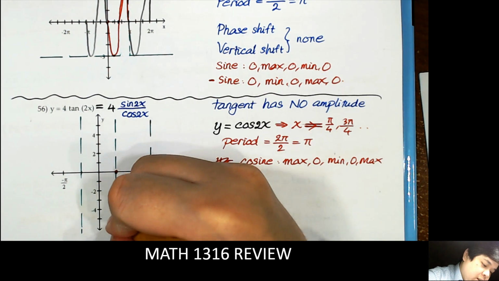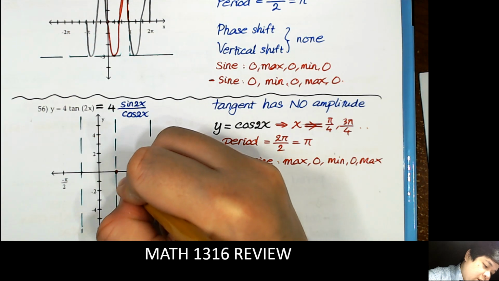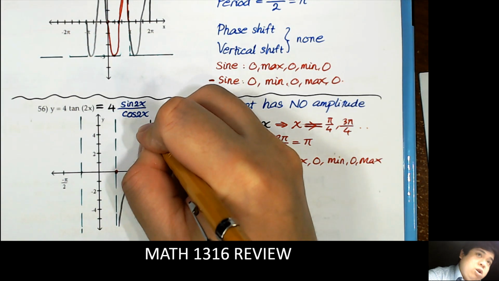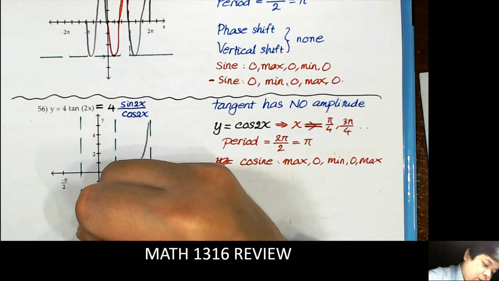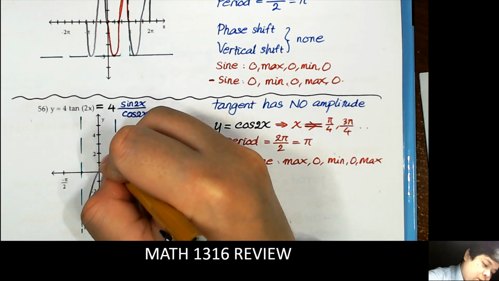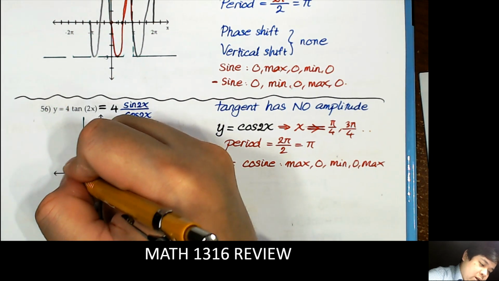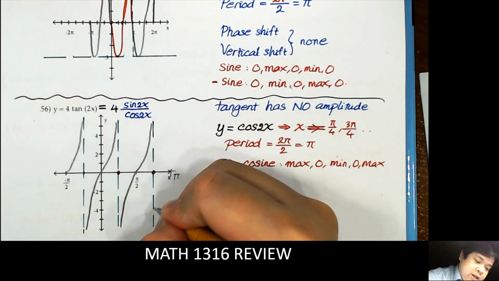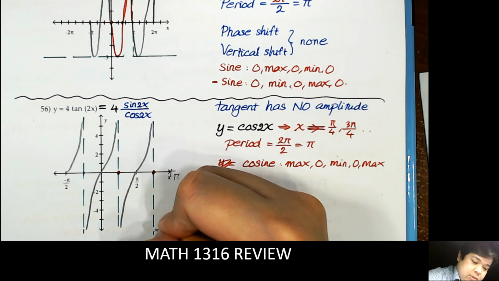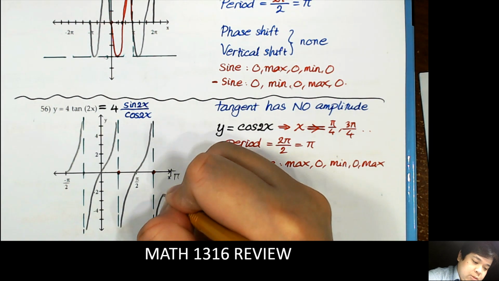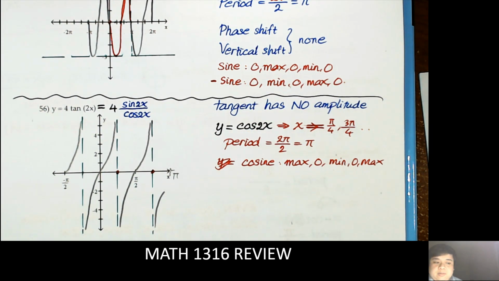So we just set the asymptotes, so it is increasing, approaching the asymptotes. There will be one here, so it looks like it's going to go there, and yeah, let's say like that. So that is the graph of tangent.